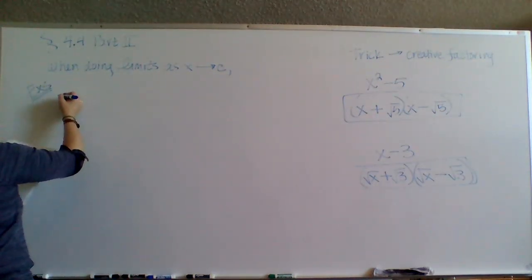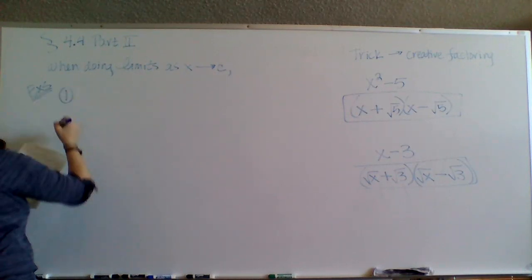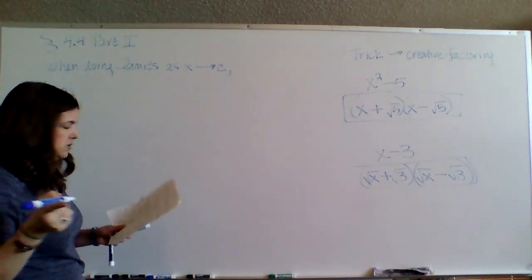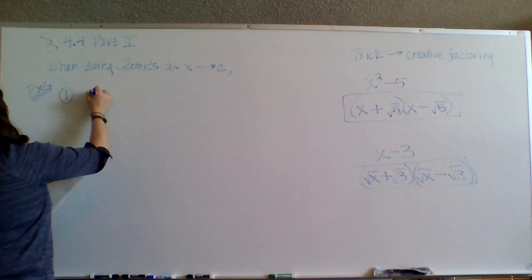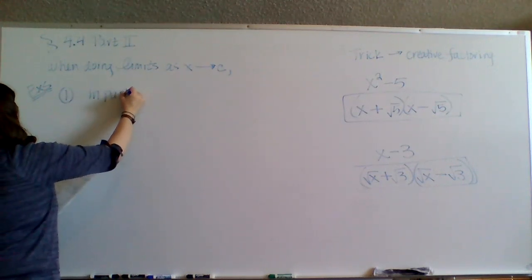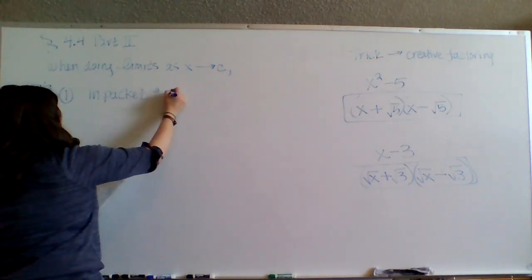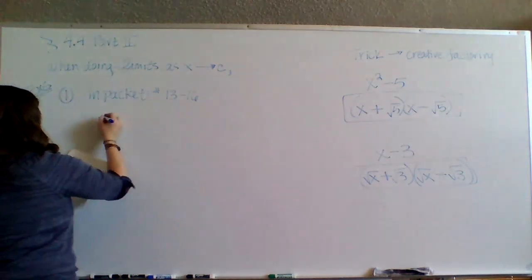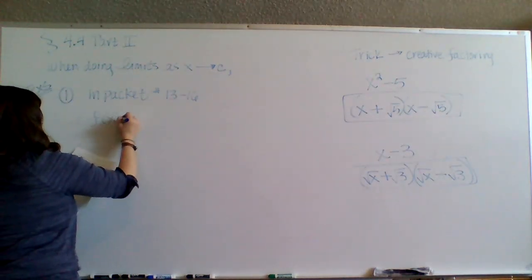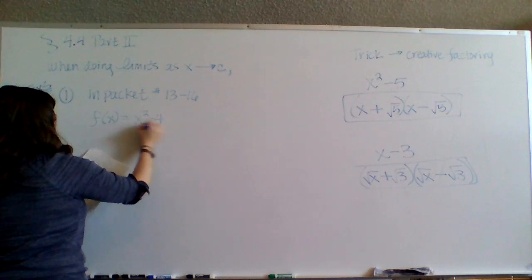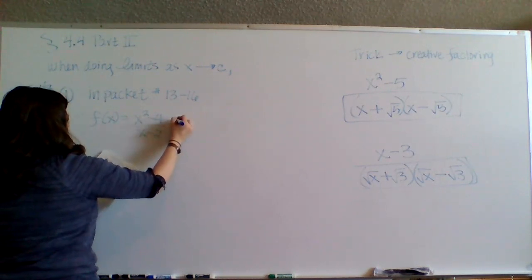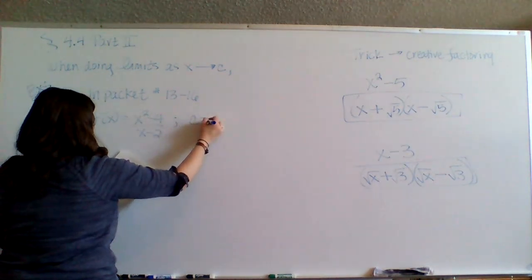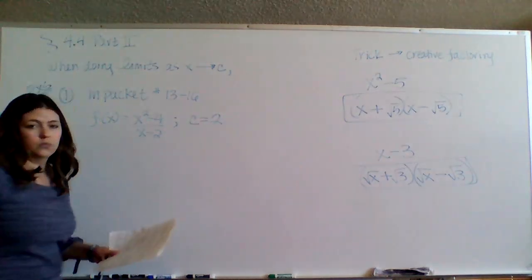This very first one I'm going to do with you, I'm showing this way on purpose because I think it's on problems 13 through 16 in this format. In your packet on problems 13 through 16, they give you some notation like this: f of x equals x squared minus 4 over x minus 2, and then a semicolon and c equals 2.